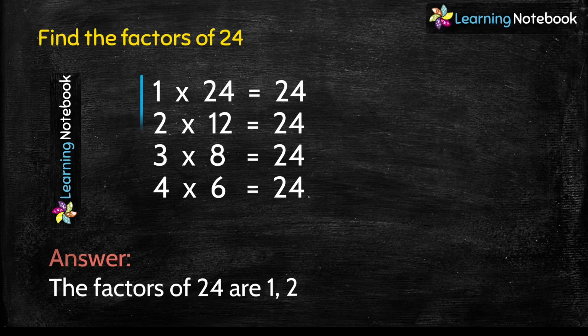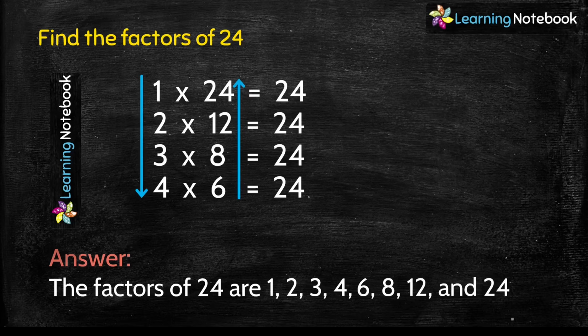We will start writing from top to bottom. 1, 2, 3, 4. And now we will start writing from bottom to top. 6, 8, 12 and 24. So students, in this way, we have found the factors of 24.